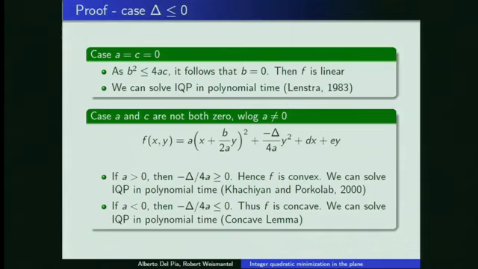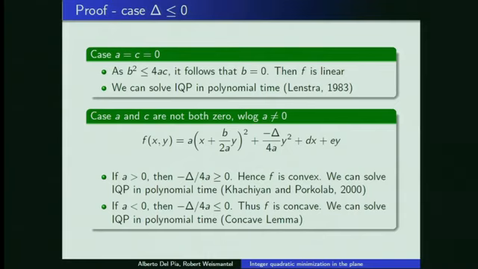The easy case is when delta, so b squared minus 4ac, is less or equal to 0. We proceed as follows. If a is equal to c is equal to 0, where a and c were the coefficients in front of the squared terms, ax squared and cy squared, then it's trivial that b is equal to 0, and so everything is linear, and we can apply Lenstra.